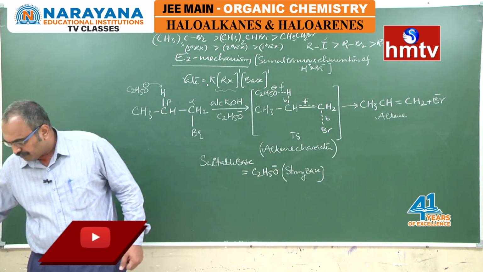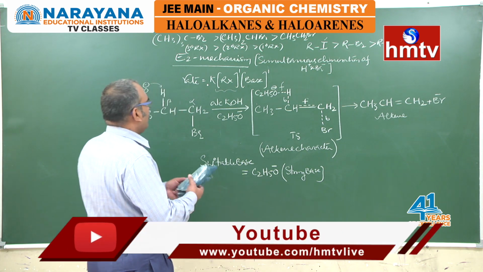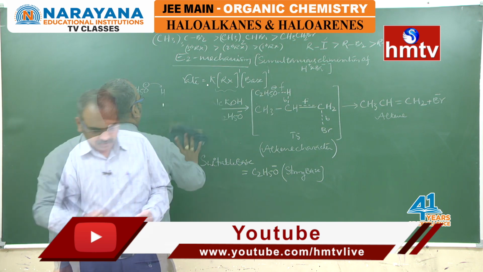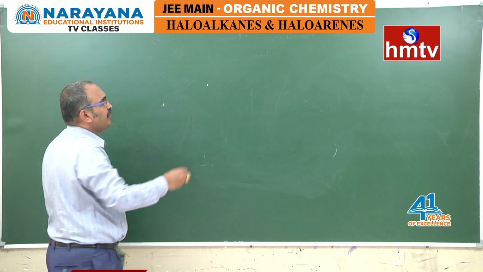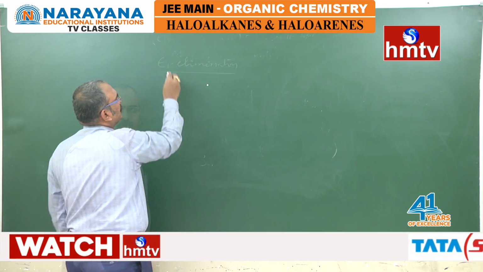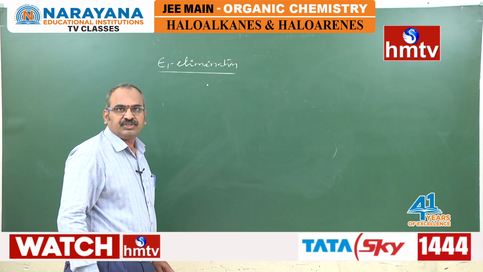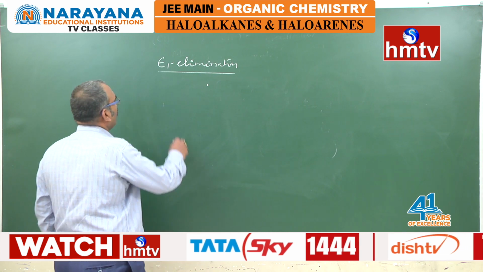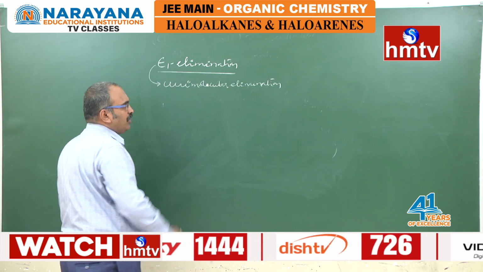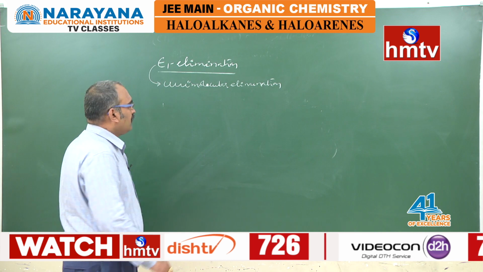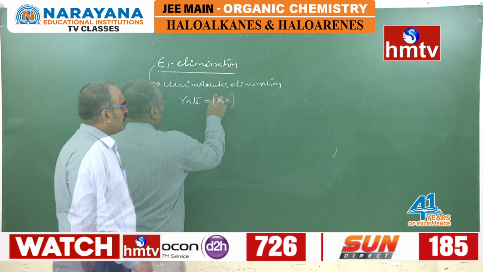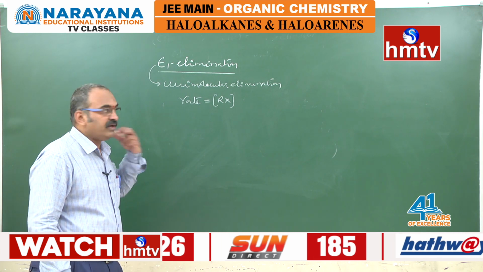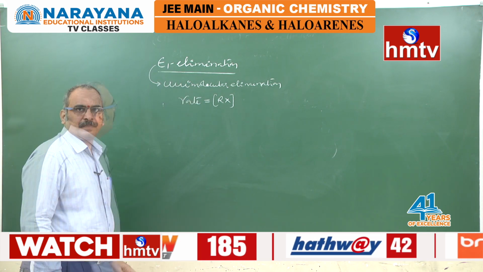Now, let us take up the mechanism of E1 elimination, unimolecular elimination. E1 elimination is unimolecular elimination. In unimolecular elimination, the rate of the reaction depends on the concentration of the alkyl halide and the base has no role to play.